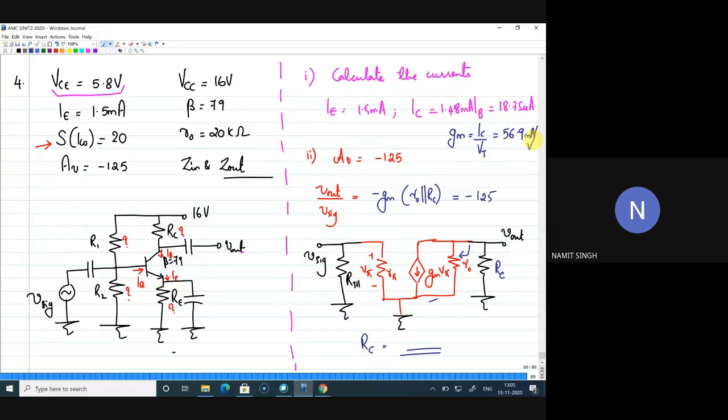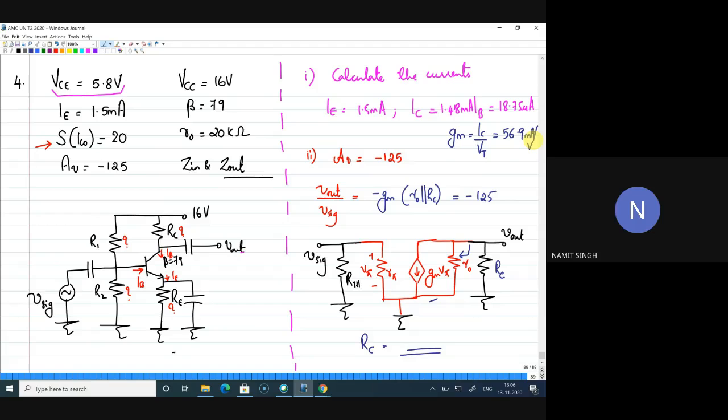Sir, shouldn't this be micro amps per volt? So GM, sir, 56.9 micro amps per volt. No, it is milli only, because IC by VT, IC is 1.48 milli and VT is 26 milli. Yes, sir, that's why I have seen so.